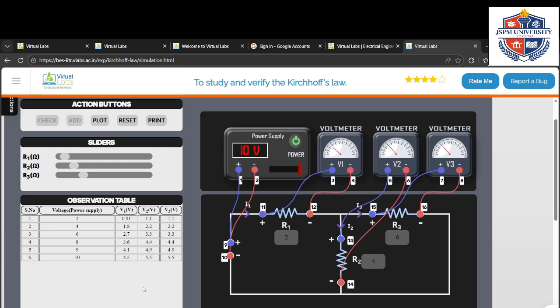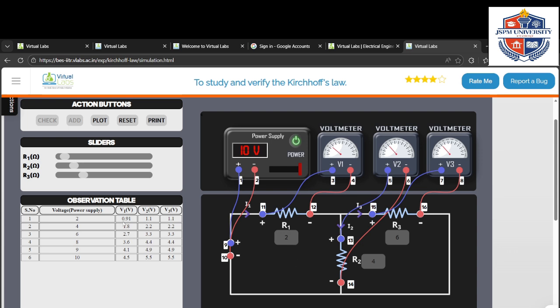So now see here, we can learn many things from this. I already told you that in a parallel connection the voltages are the same, we are learning that. Here resistance R1 is 2 and resistance R2 is 4. When the resistance is less, the voltage drop will be less, and when the resistance is more, the voltage drop will be more.